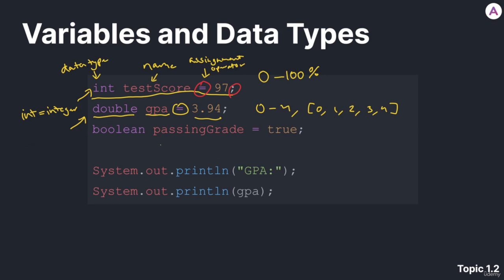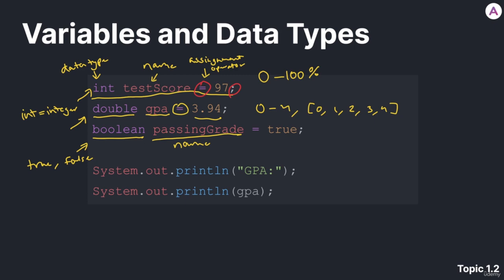Now let's head over to the last variable we see here, which has the name passingGrade, and it's of type boolean. So what is a boolean? A boolean is any variable that can hold the value of either true or false. That's all it can hold. Only two things, either true or false.